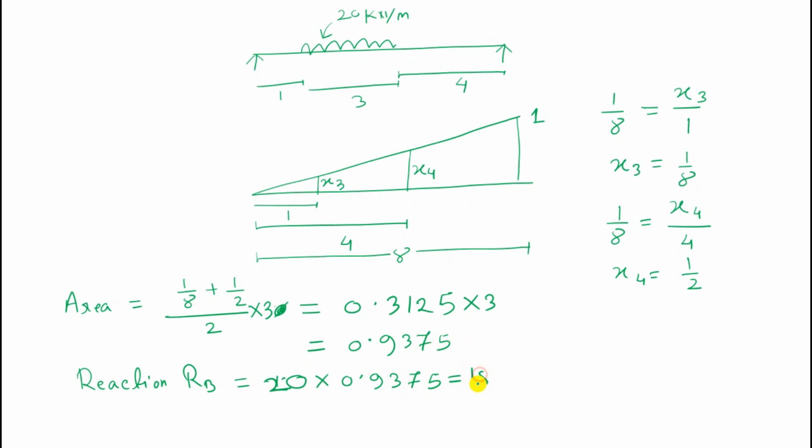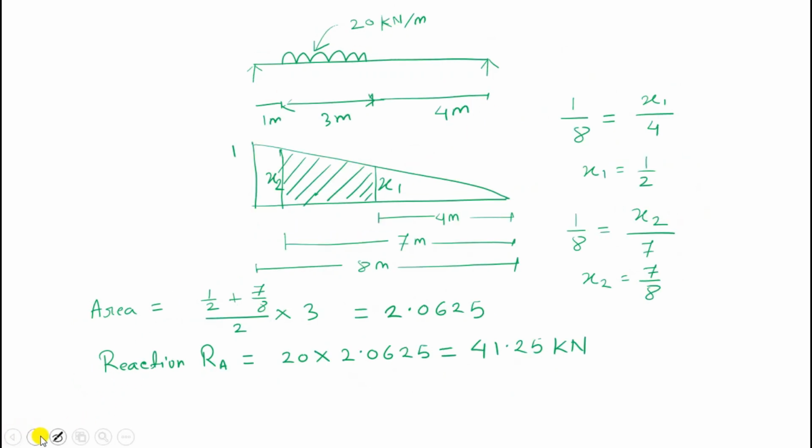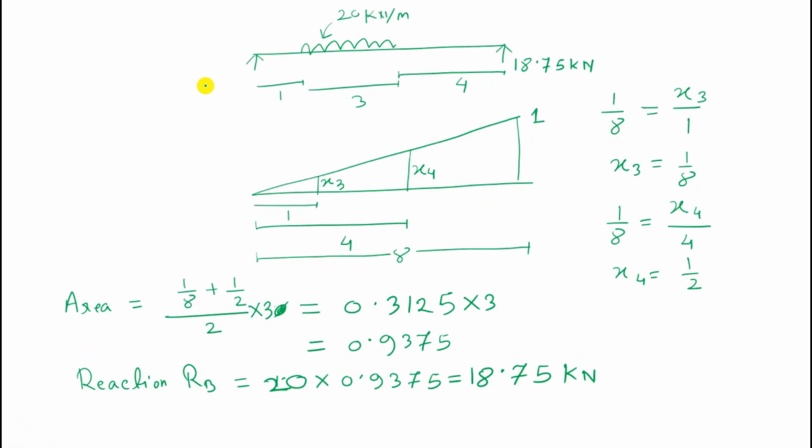That is 18.75 kilonewton. So the reaction RB will be 18.75, and the reaction RA will be 41.25 kilonewton. Okay.